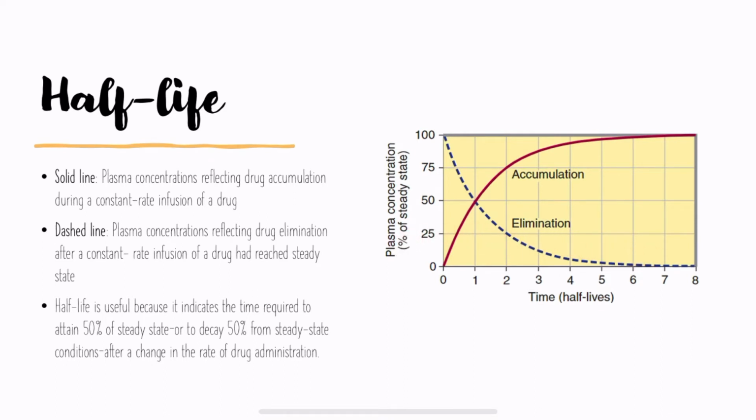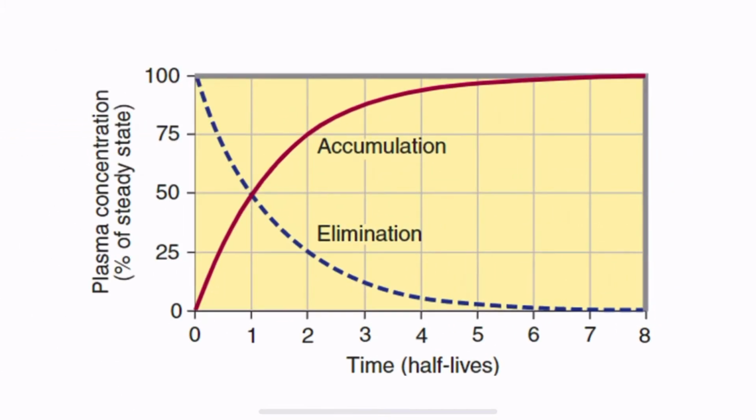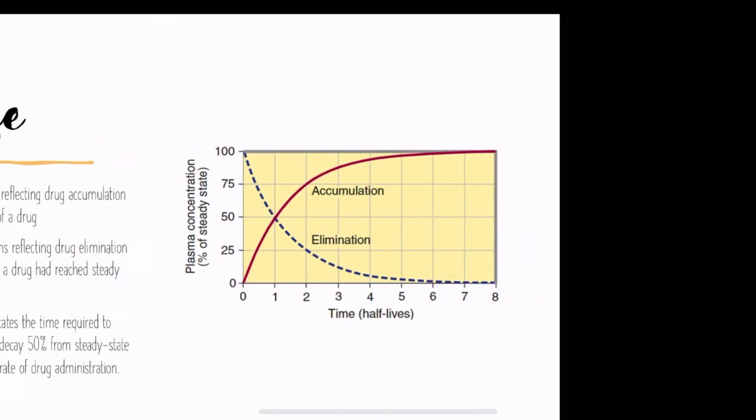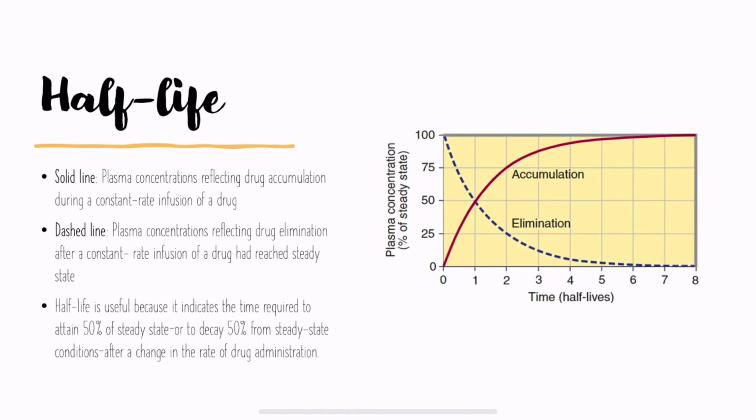This is the plasma concentrations, drug accumulation, and drug elimination. Half-life is useful because it indicates the time required to attain 50% of steady state, or to decay 50% from steady state conditions, after a change in the rate of drug administration.